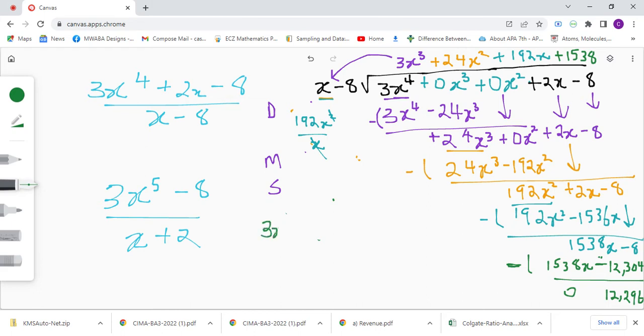Our answer is going to be 3x cubed plus 24x squared plus 192x plus 1538 plus 12,296 divided by x minus 8. Very big answer here.